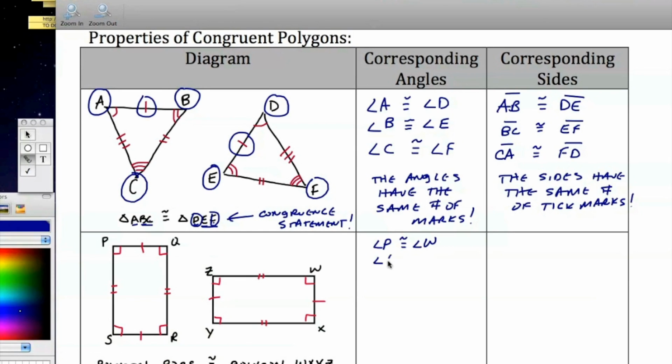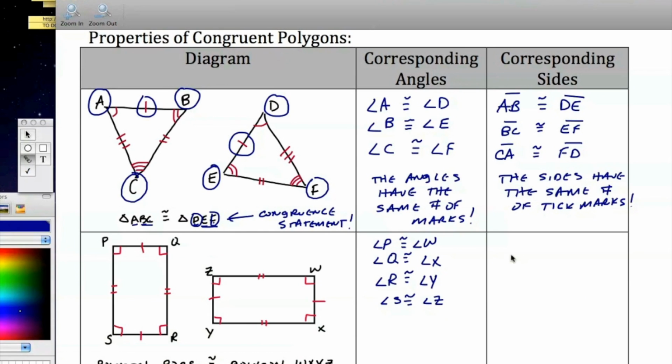And angle Q is going to go with angle X. Okay. Angle R is going to be congruent to angle Y. And angle S is going to go with angle Z.